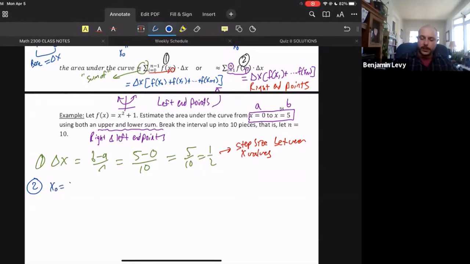So x0 is the first starting point, which in this case is 0. Then we take half step sizes all the way up to 5. So x1 is going to be 0 plus 1/2, which is 1/2. I'm going to try to write a little bit better. x2, just take another step size.